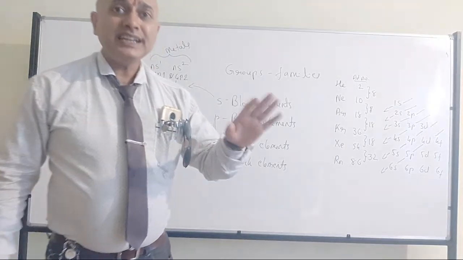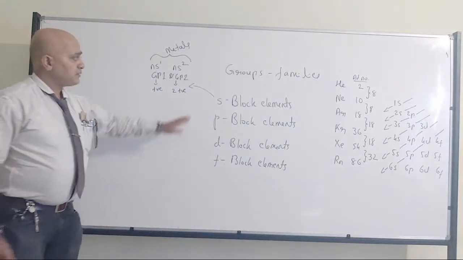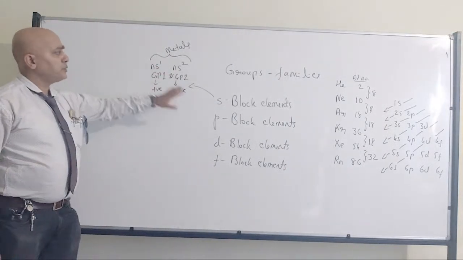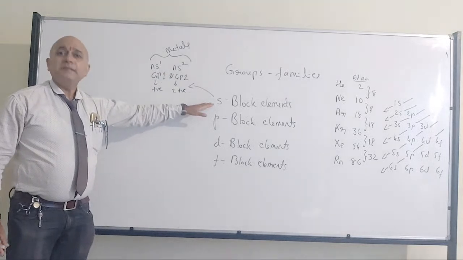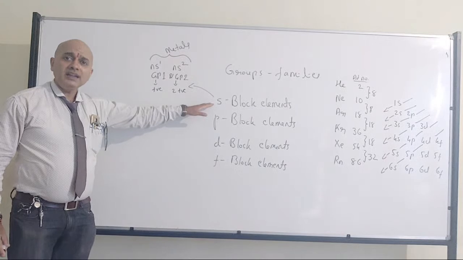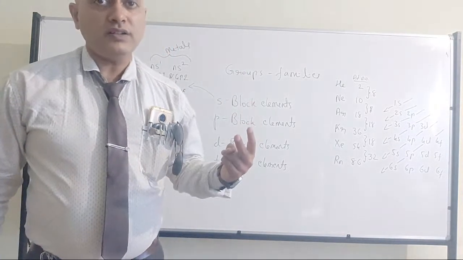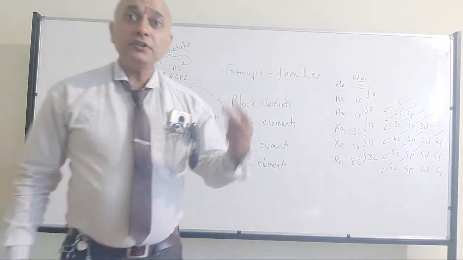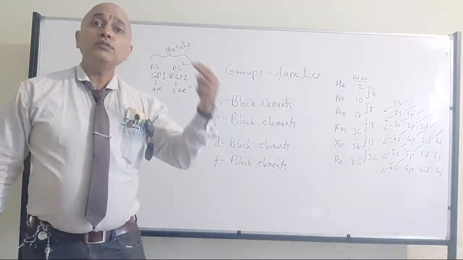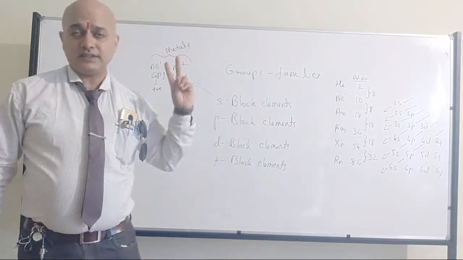Okay? So in detail about metals and all, we are going to discuss, don't worry. But for the time being, these are the two groups which belong to S block. Naturally, only two groups can belong to S block. Why? Because the S subshell can accommodate only 2 electrons. Since it can accommodate only 2 electrons, only 2 groups belong to S block, not more than that.